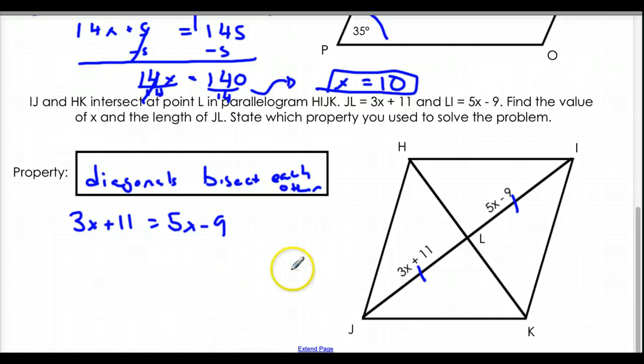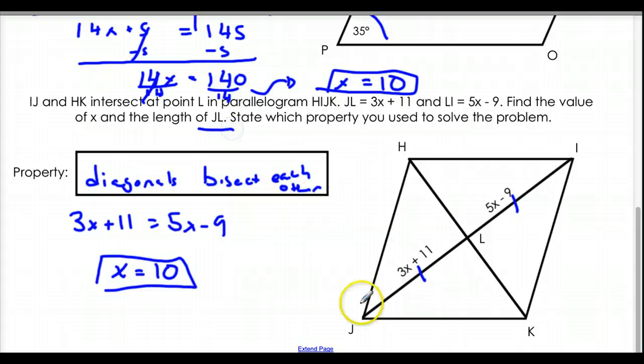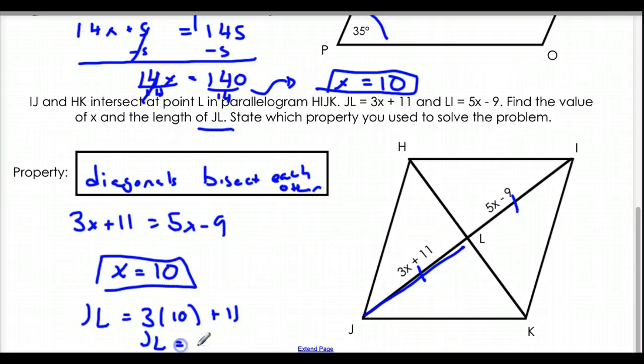I don't want to take up much of your time because this is going a little longer. So what you should be doing is solving this. If you solve this correctly, you should get x is equal to 10. And to find the length of JL, which is right here, we just plug in 10 for x. So JL is equal to 3 times 10 plus 11. And so JL is equal to 41.